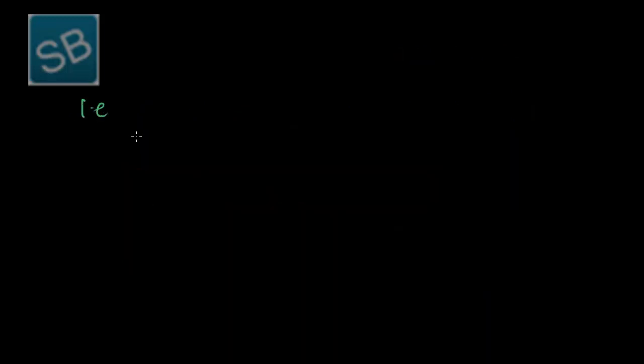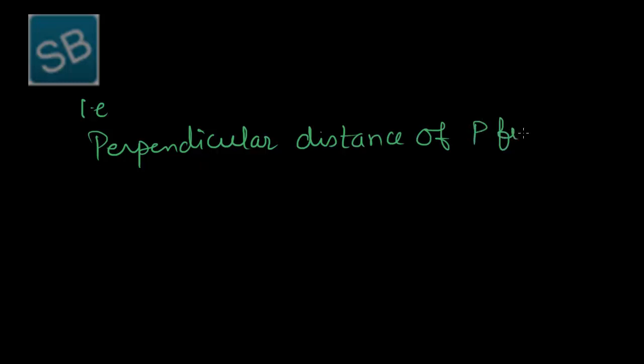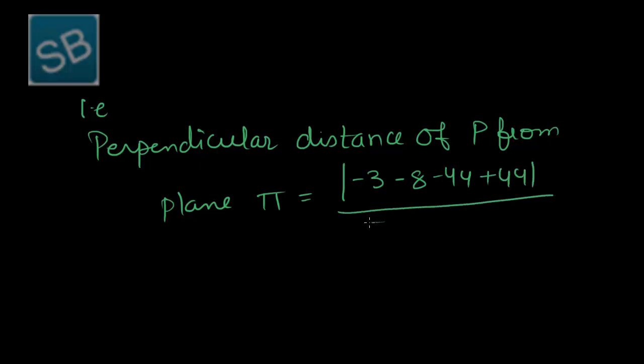That is, the perpendicular distance of P from plane pi is modulus of a x1 plus b y1 plus c z1 minus d, that is -3 minus 8 minus 4 minus (-44), that is plus 44, over under root a squared plus b squared plus c squared, that is 9 plus 16 plus 4.